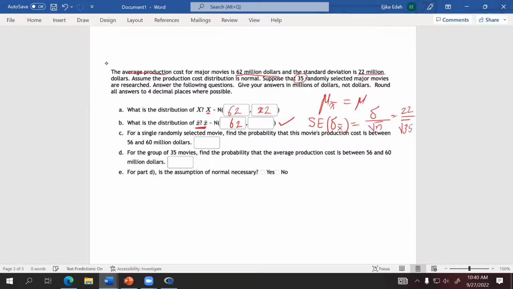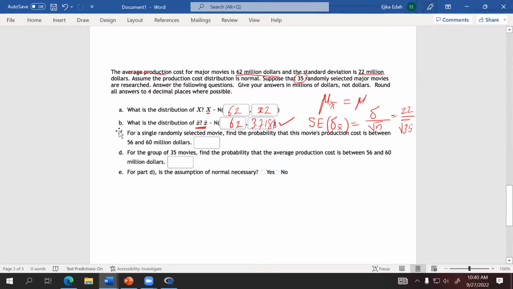Can you all help us do that very quickly? 22 divided by the square root of 35. 3.7186. 3.7186, thank you. Anybody got something different? Okay, so that's what will come in here. Instead of just the standard deviation, we're getting the adjusted one.